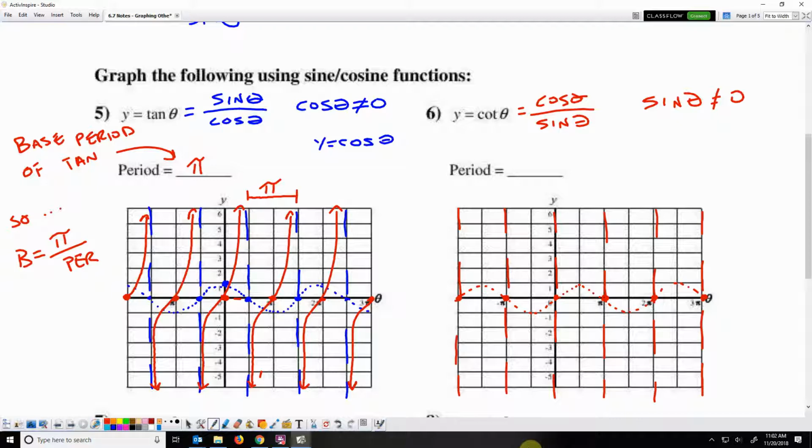The first difference was that sine can't equal 0. The next difference is that these graph backwards compared to tangent. It still needs to touch right there on the axis midway through the interval.